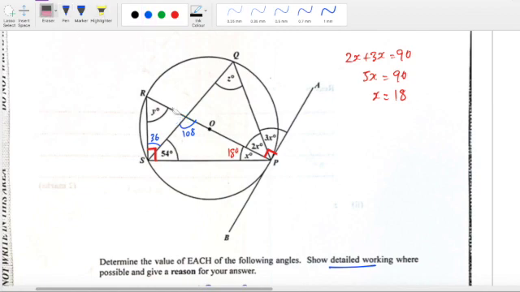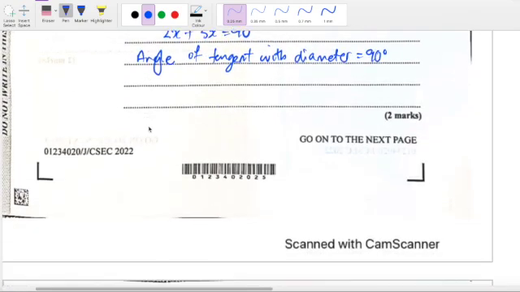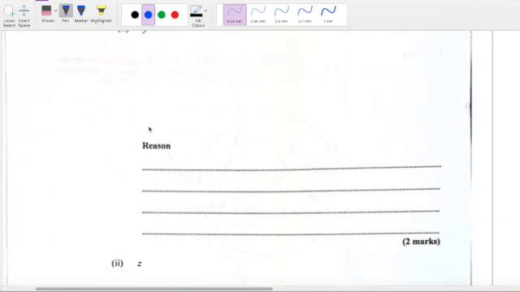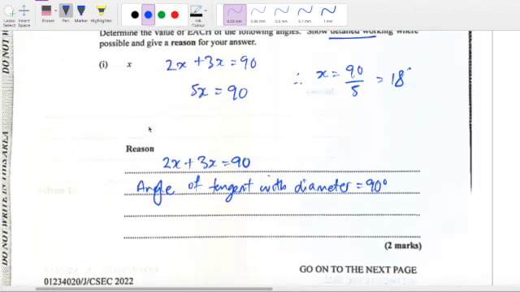All right, so this here is 72. And then 72 plus 36 is 108. So that means that this will be 72 as well, right? So y is 72.